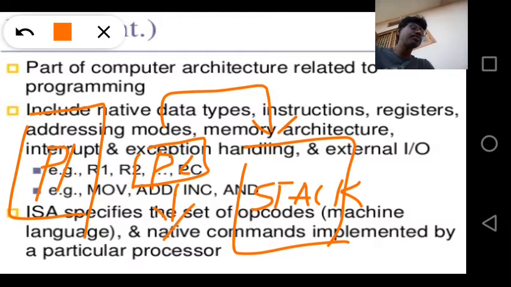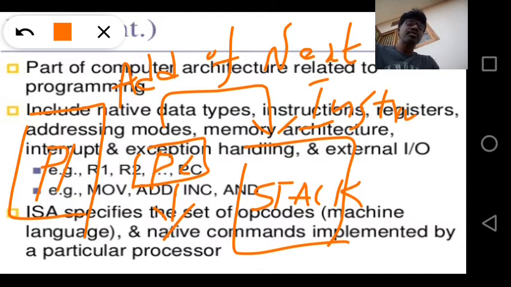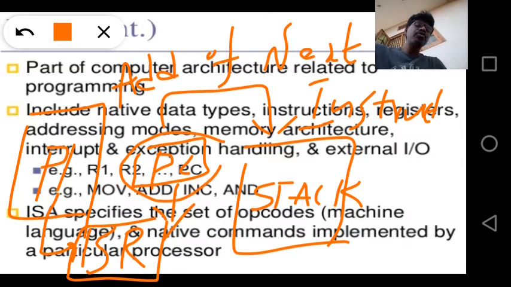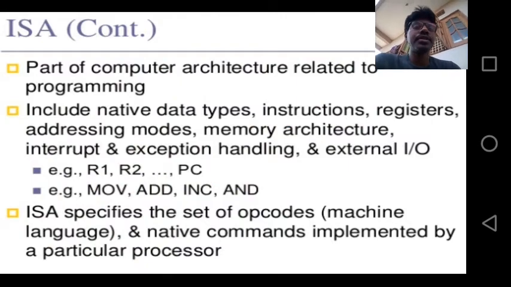PC contains the address of the next instruction. So when it services a particular interrupt, when it executes the interrupt service routine, it has to copy the content of PC to the stack. This is called an interrupt.